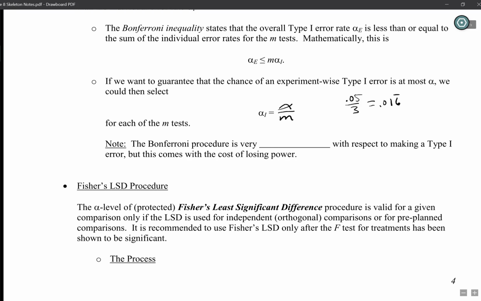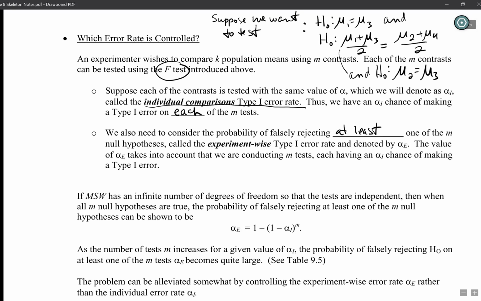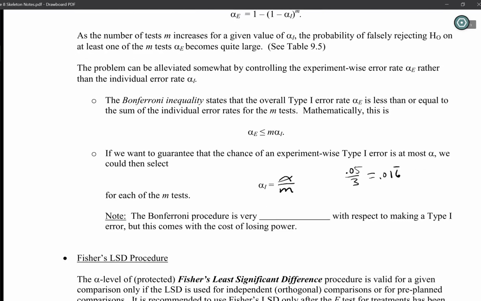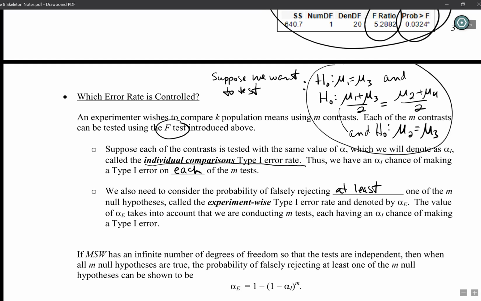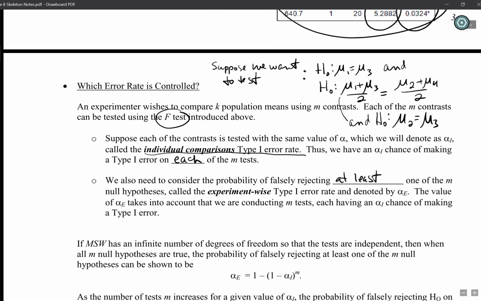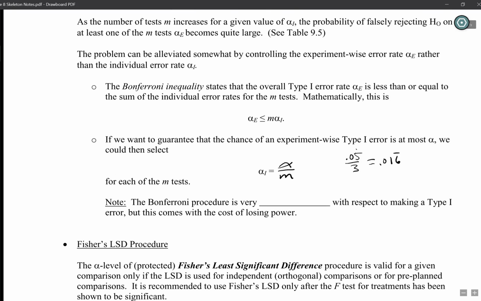If you did each individual test here at a 0.01666 and so forth significance level, then the overall significance level for the experiment of all 3 of these tests would be at most 0.05. Okay, that's what this Bonferroni approach is doing for us here.